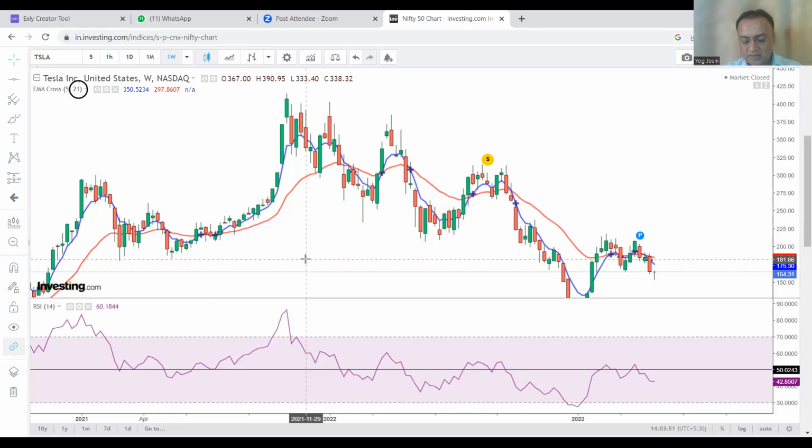So what is the RSI? It is the Relative Strength Index. What is relative? It relates to something, so what is the relation for RSI? It relates to trend.